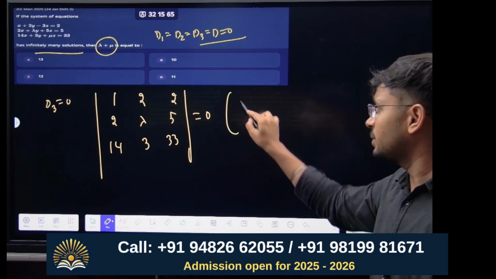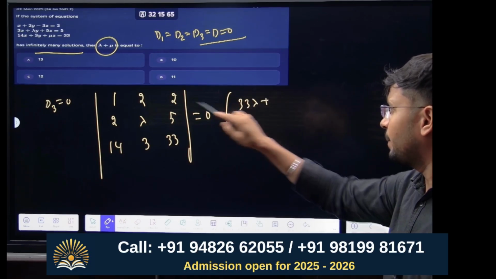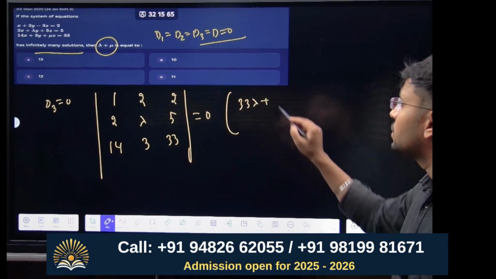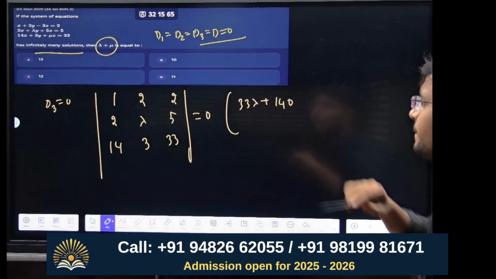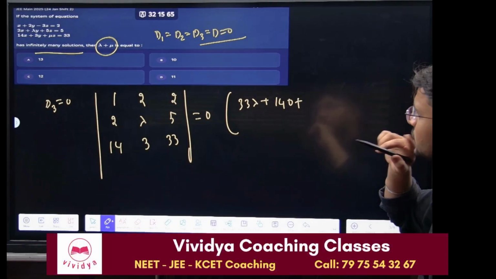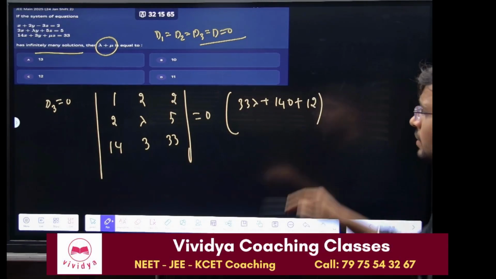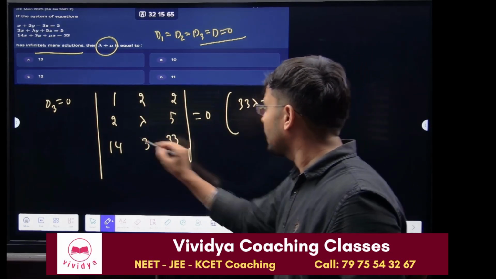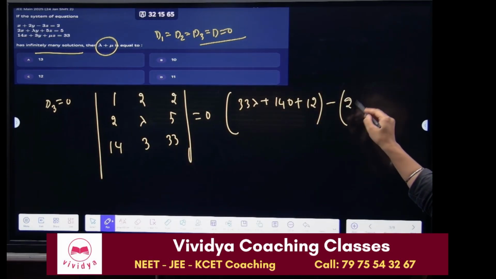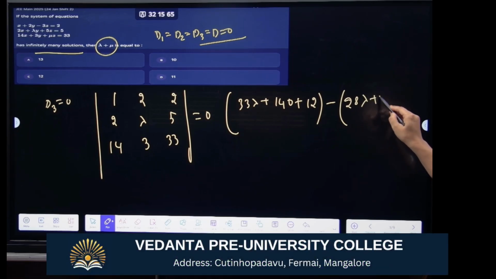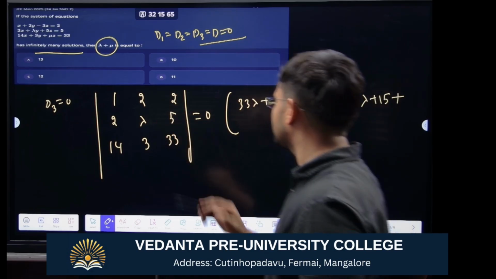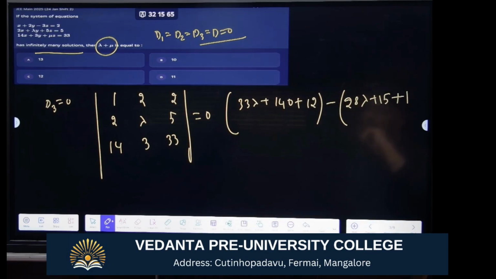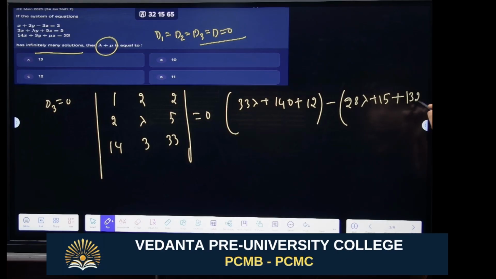And if you solve, this will be 33 lambda plus 140 plus 12, minus 28 lambda plus 15, and plus 2 times 4 33, 132, I guess, 132, yes.